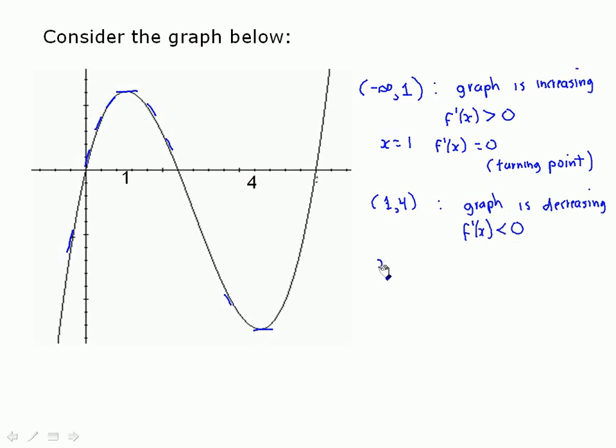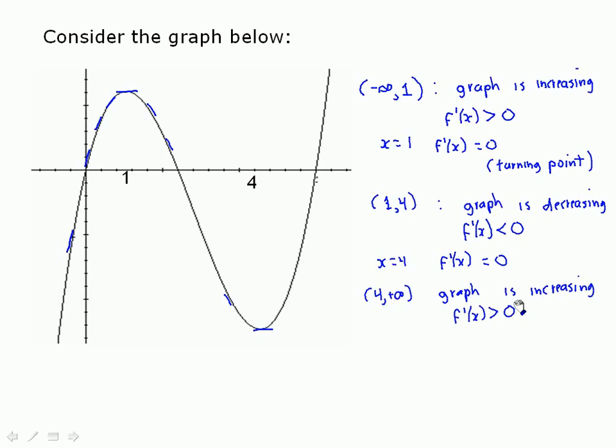And then so on. At x equal 4, f prime at x is equal to 0 again. And then from 4 to positive infinity, upwards forever, we would say the graph is increasing, it is rising, as well. f prime at x is going to be greater than 0. So the first derivative would be positive.